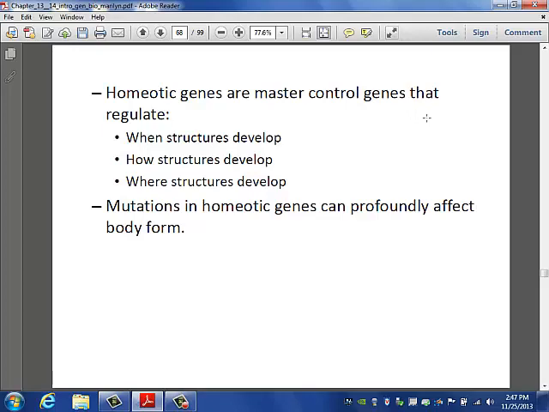Mutations in these genes can profoundly affect the outcome. So this group of controller genes that control similar structures and where those structures are going to be during embryonic development might result in a very different outcome.